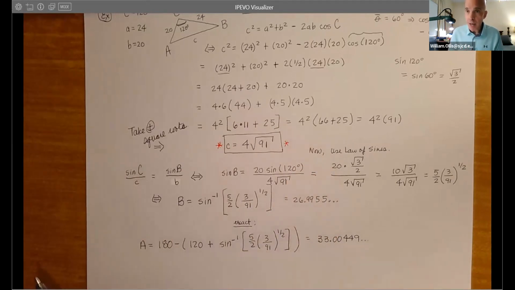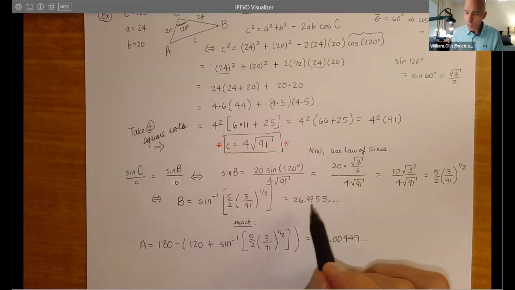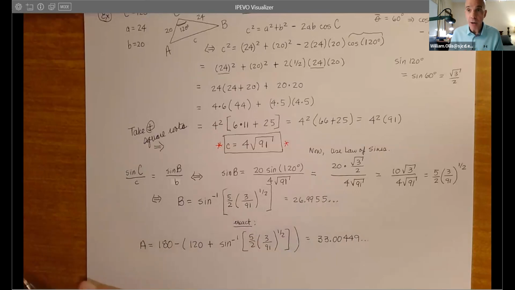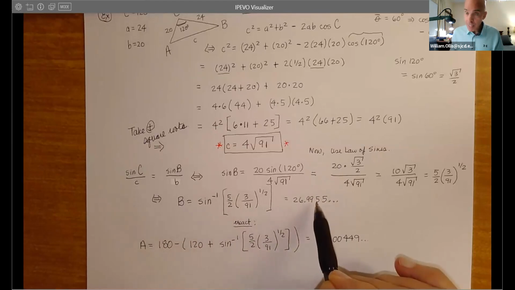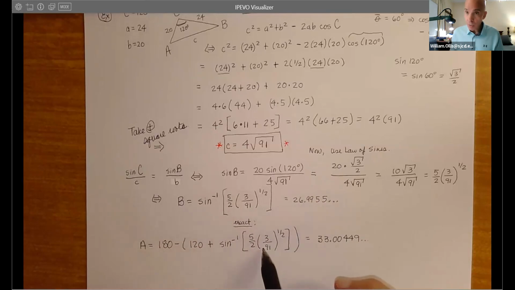That's called exact computation. Do not under any circumstances round this to what WebAssign asks you to do and then use it in another calculation. That is poor technique and it makes your work incorrect.